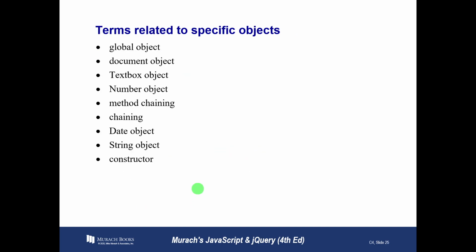So we've talked about a lot of different objects. We talked about the global window object. We talked about the document object. We've talked about text box objects. We've talked about number objects, and we've looked at method chaining, which is a method of combining all these different methods or functions into one long line that does multiple things.